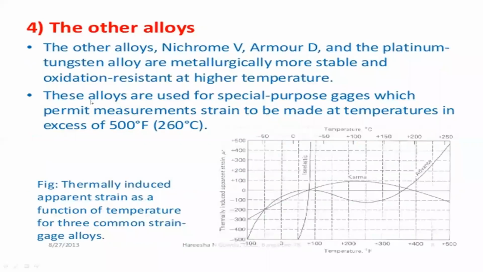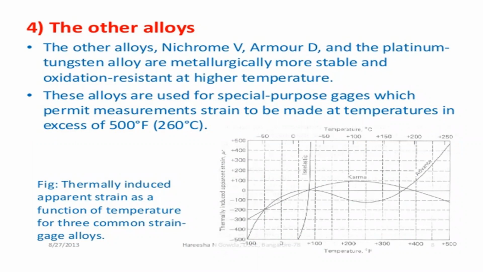And next one, what are the other alloys used in these strain gauges? The other alloys, nichrome V, Armor D and platinum tungsten alloys, are metallurgically more stable and oxidation resistant at high temperature. So the other alloys are nichrome V, Armor D, platinum, manganese, nickel, nichrome and silicon semiconductor.